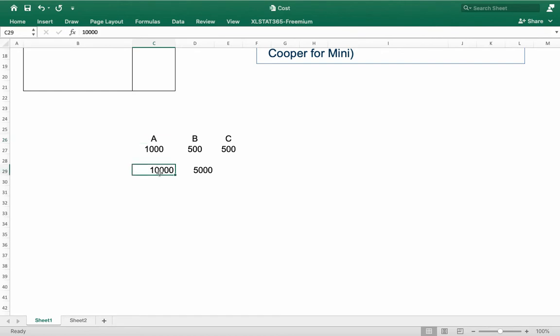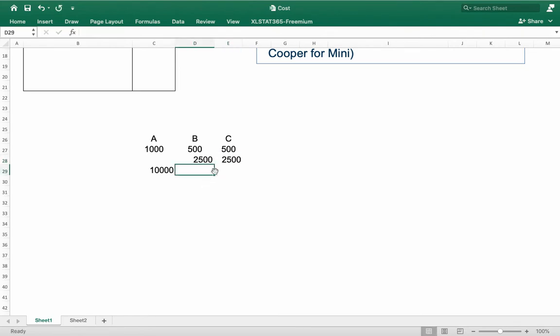Because the benefit of this diagram, who enjoyed it directly? Flat A. So 10,000 will be directly assigned to this flat. And this 5,000, will I directly charge to B only? No, you'll charge it to both. As the size is similar, 2,500 each.